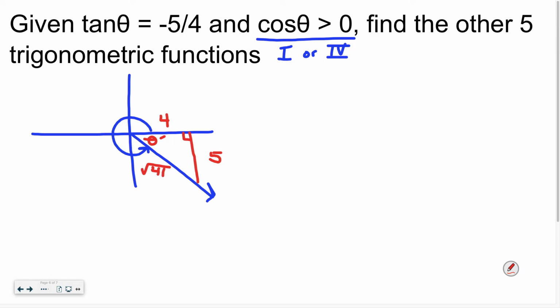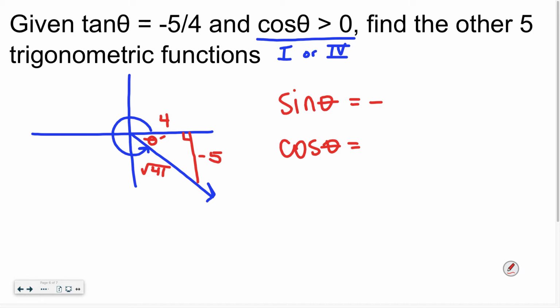Do you agree with Pod 5's calculations? Yep. 25 plus 16 is indeed 41. Okay, so those of you who want to label on your triangle the negative 5, go for it. So we're in the fourth quadrant. We know sine and tangent are negative, cosine's positive.